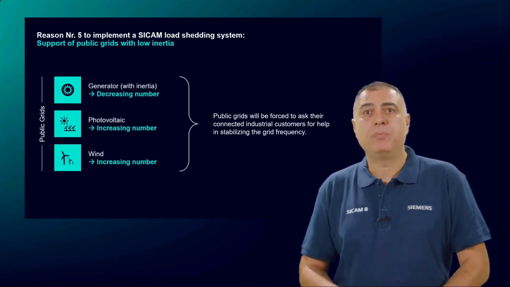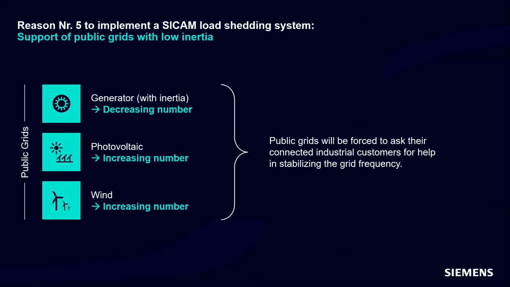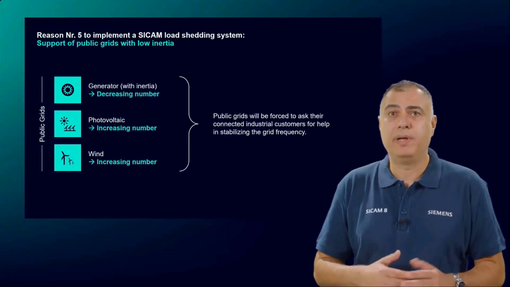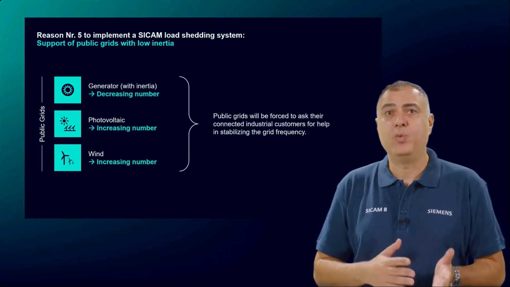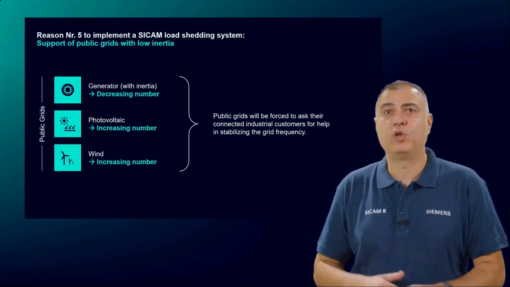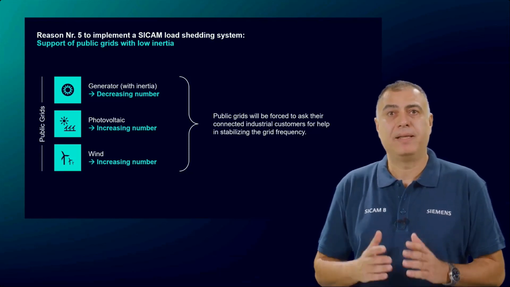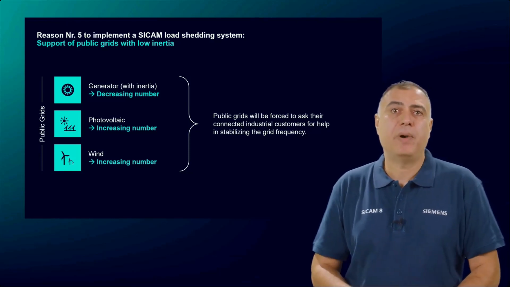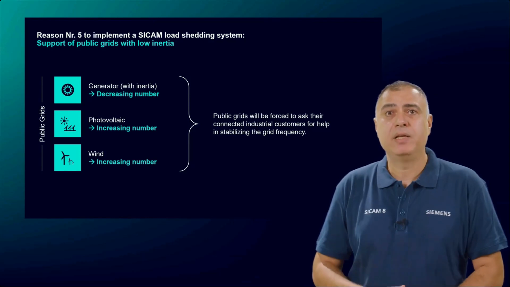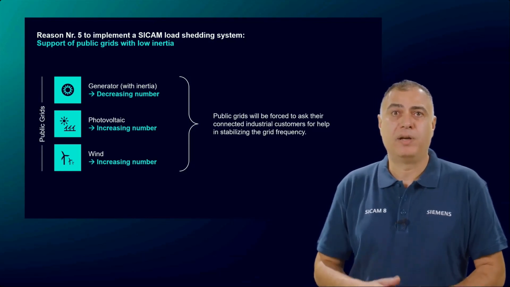Now, we come to the last and maybe most up-to-date reason. Driven by the climate crisis and increased energy costs, many utility grid operators try to shift from classic electrical energy sources to renewable energy, such as wind or photovoltaic plants. But this also means that power reserves in the power grid will become much smaller.